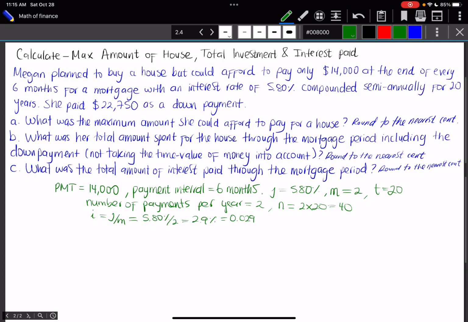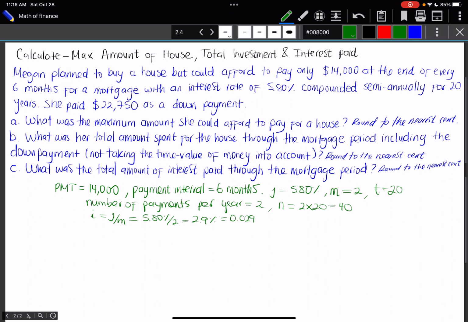We have 2 compounding periods per year. Then 20 years is the term of the annuity. The number of payments that Megan can make per year is 2, because she's making payments at the end of every 6 months, and there are 12 months in 1 year. Then N can be computed by multiplying the number of payments per year by the time period in years. And I, the periodic interest rate, comes from dividing J by M, the nominal interest rate by the compounding frequency.